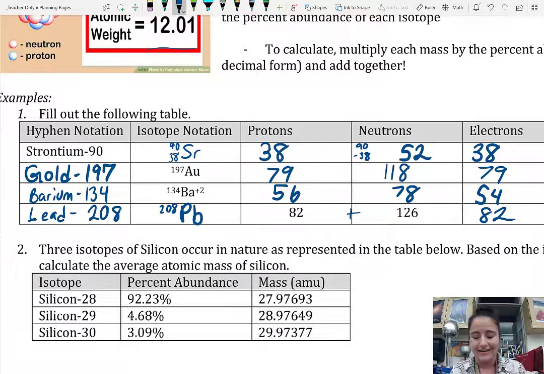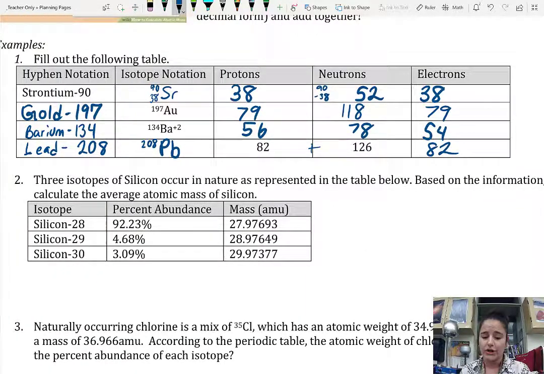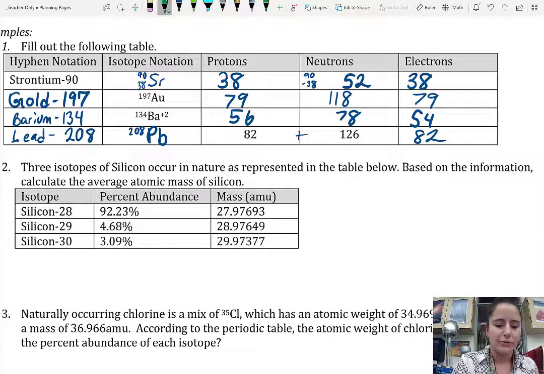Now let's practice some of that weighted average stuff. Three isotopes of silicon occur in nature as represented in the table below. Based on the information, calculate the average atomic mass of silicon. Most silicon is silicon 28, so our average atomic mass should be pretty close to 28, but a little bit higher because we have these heavier isotopes.